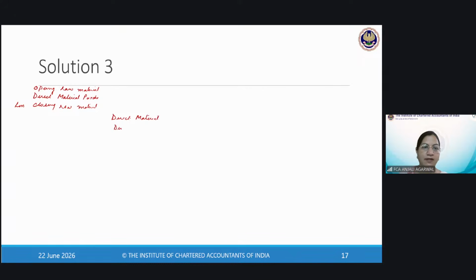To this value we will add direct labor, and you end up getting prime cost. To this you add works overhead. Add opening WIP. You can give it a name here as gross works cost.